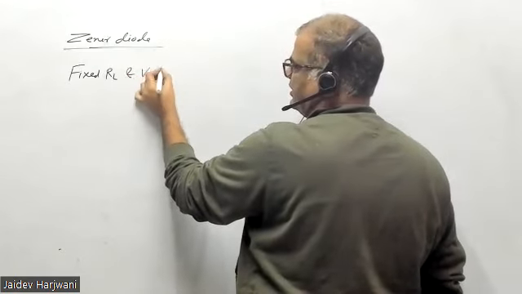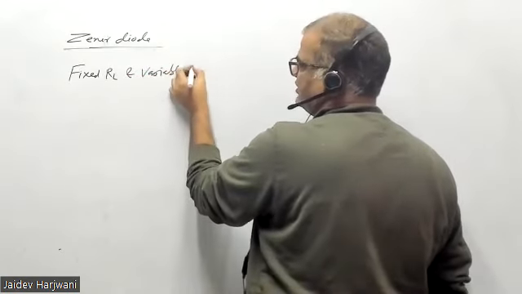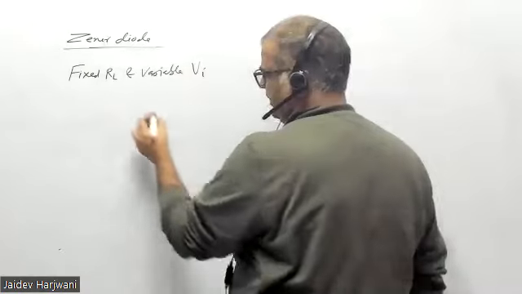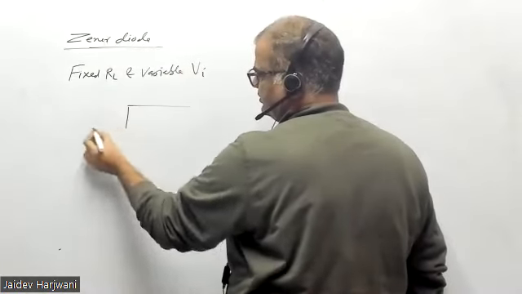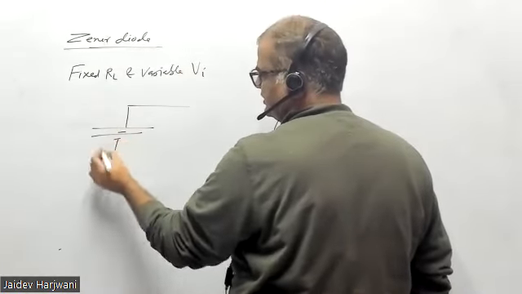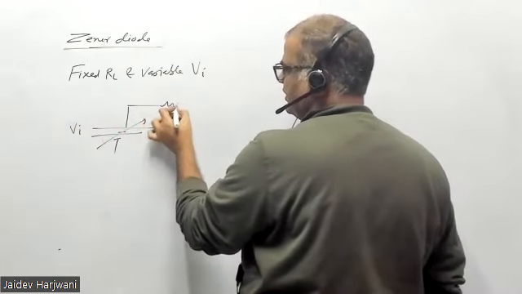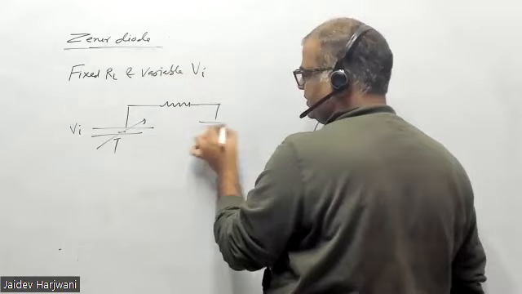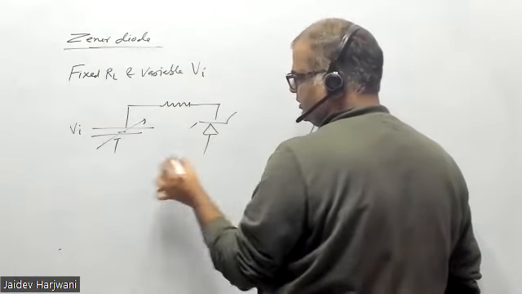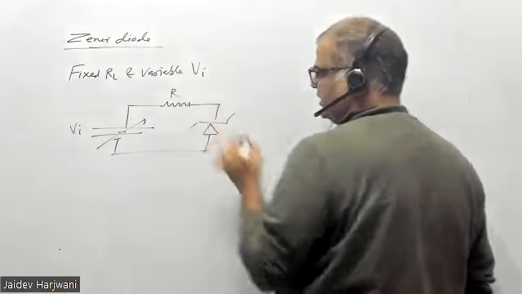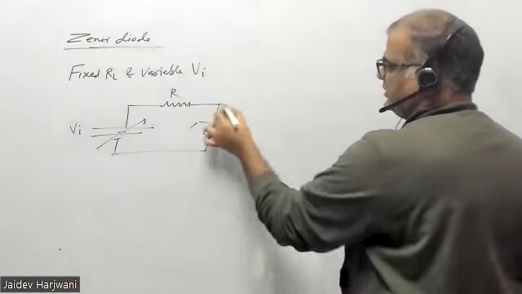Fixed RL and variable V input. That means now this is the case where V input is variable. This is the Zener diode, this is your R and this is RL.